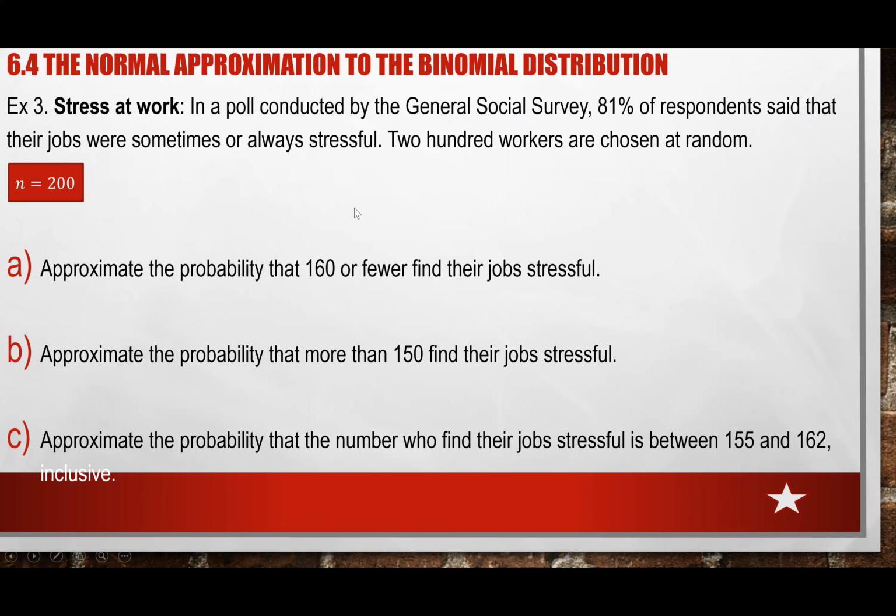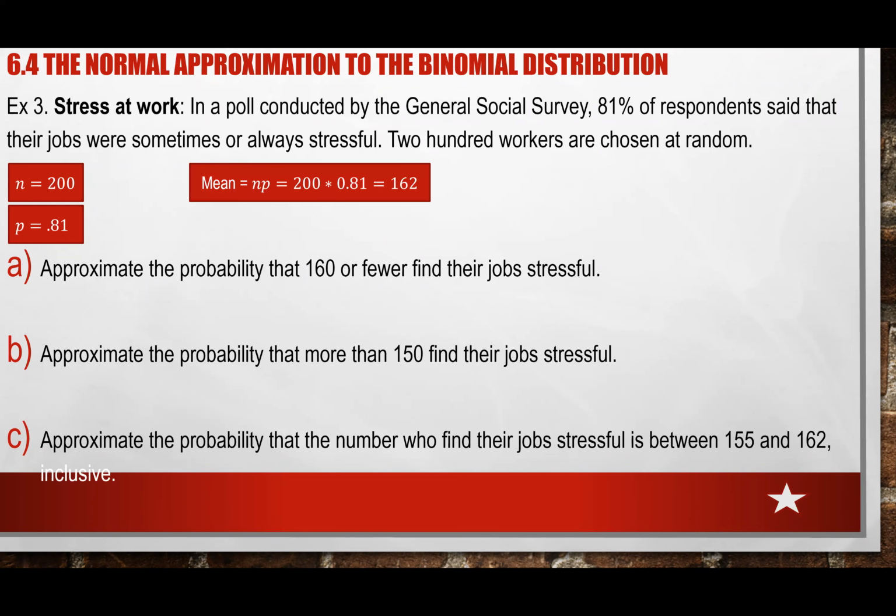So the P here will be 0.81 because of the percentage they give us. This problem is actually easier than the previous problem because you don't have to worry about the 6 to 8 weeks old and the 20 pounds or whatever the numbers were. The only two numbers they have are the percentage, which is the probability that a person says their job is stressful, and the 200, which is the total number of workers we have. We can test N times P, and that is also our mean.